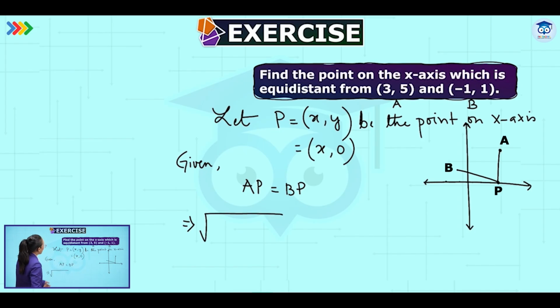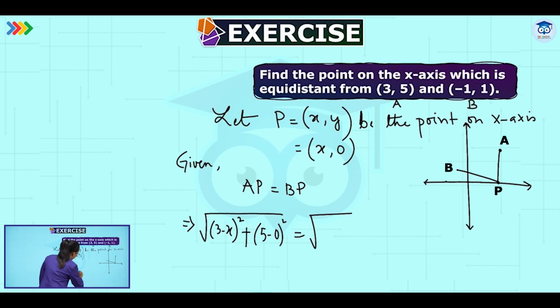Now, when we calculate the distance using the distance formula, we will have square root of. Now we can calculate AP, right? So it becomes 3 minus x the whole square plus 5 minus 0 the whole square. Square root of, again, similar way we will calculate BP, right? So minus 1 minus x the whole square plus 1 minus 0 the whole square.